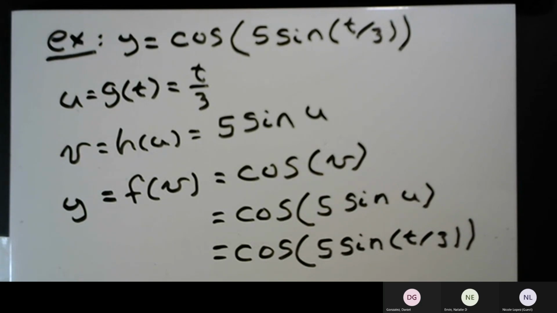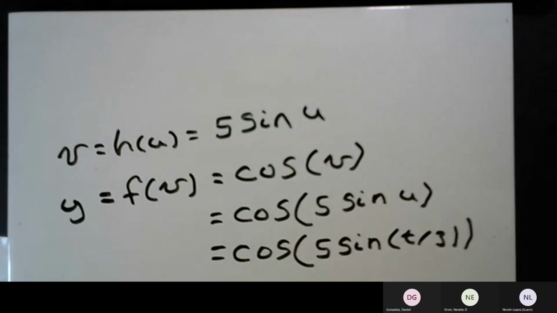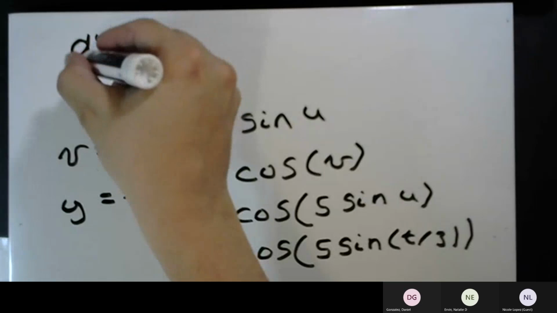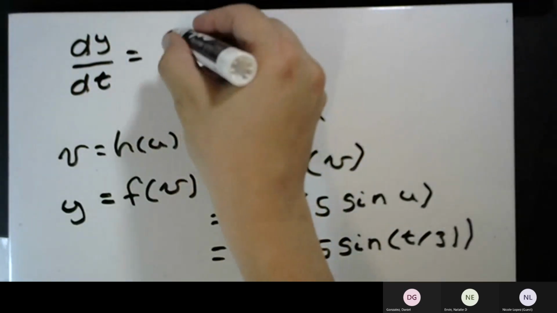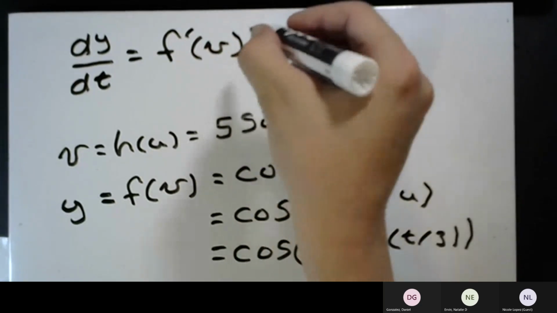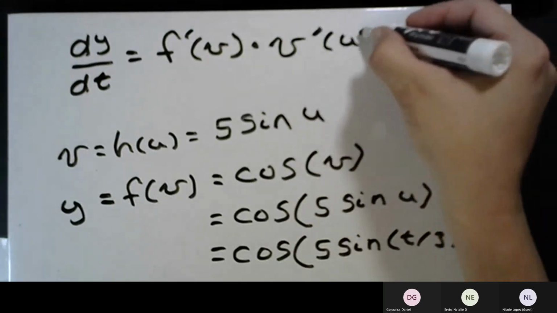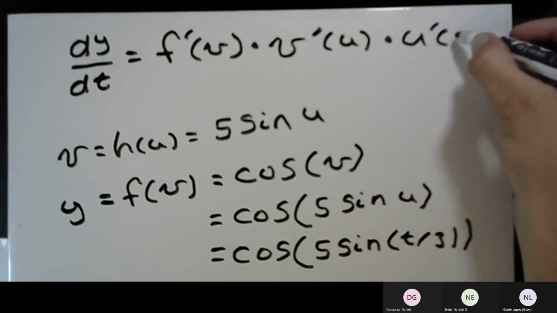So when we do our chain rule, we're going to have basically something like this. dy dt is going to be the f prime of v times v prime of u times u prime of x.